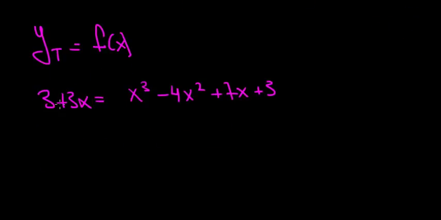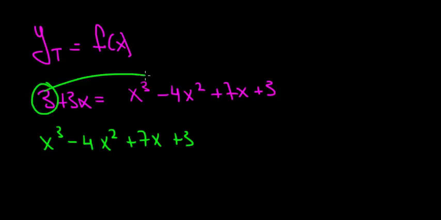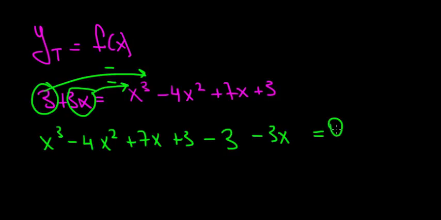X cubed minus 4x squared plus 7x plus 3, and then we take 3 on the other side with a negative sign, minus 3, and then 3x on the other side also with a negative sign, minus 3x. What's left here? Just 0. Okay, 3 and negative 3, they cancel out.